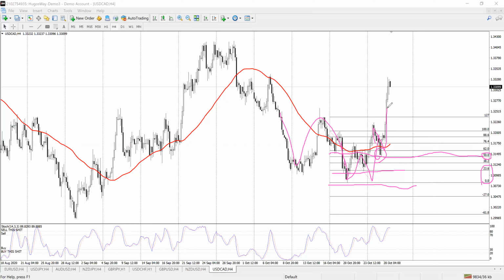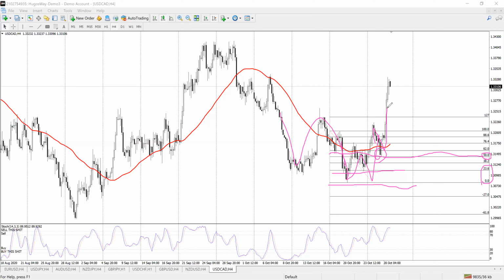So the 50 is very, very important. The 23.6, the 0 and the 50 are probably going to be your most important Fib retracement levels, because it's always going to be the neckline or the right shoulder. Always, always, always. So please pay attention to it.